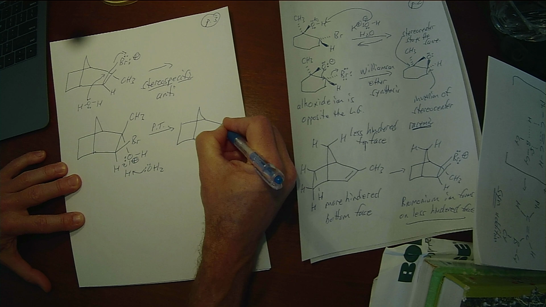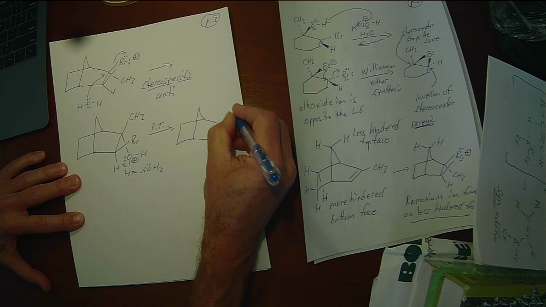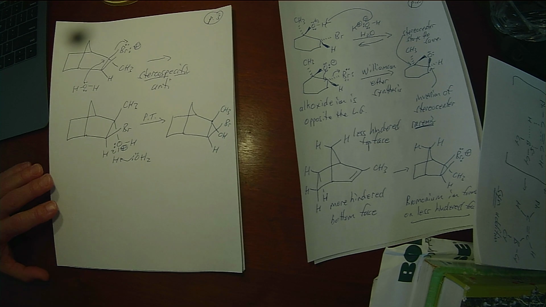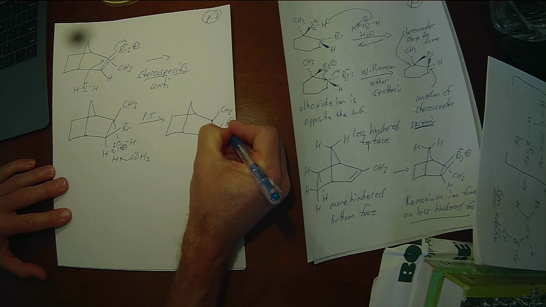So I'll end up with the OH group down and the bromine up, CH3 up. Right. So it's stereospecifically anti, but it was stereoselective for the bromine on the top less hindered face.